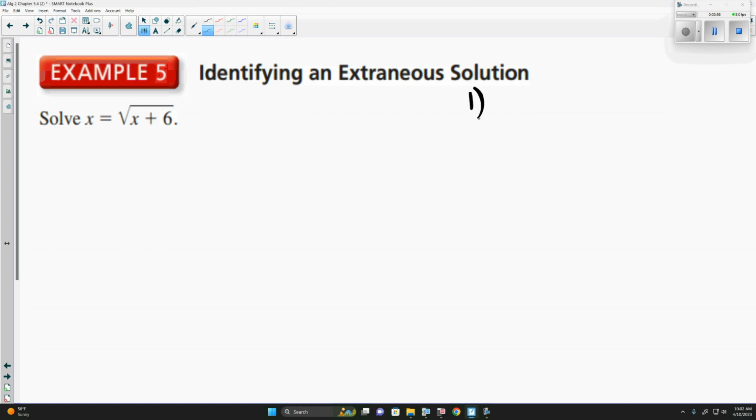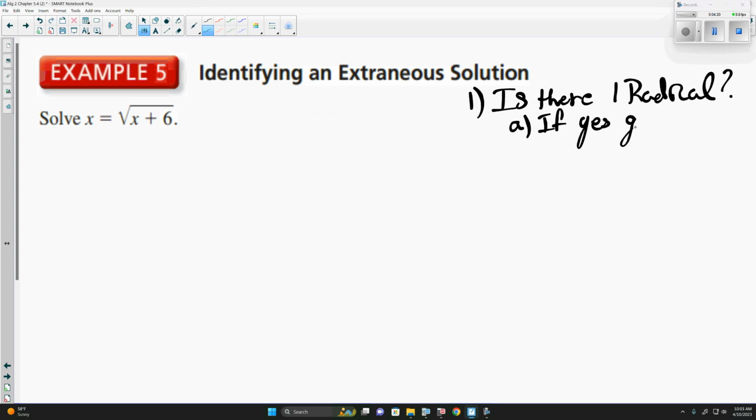Now, there were several steps that we had with solving the first. And again, it might be phrased a little bit differently, but it's still the same concept. Is there one radical?